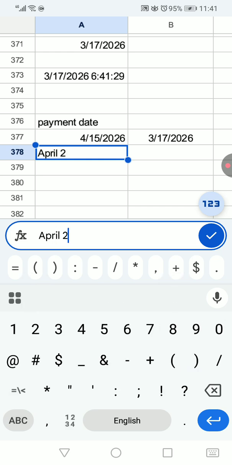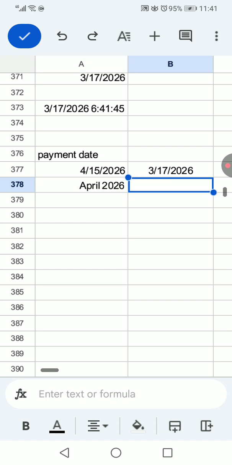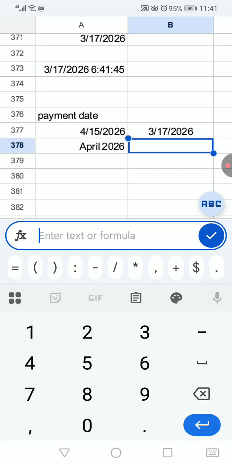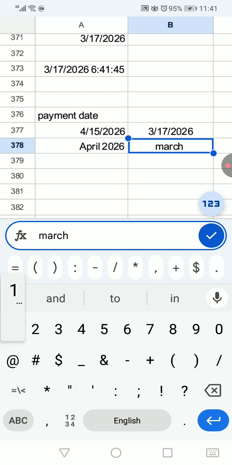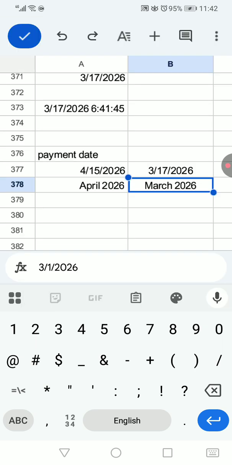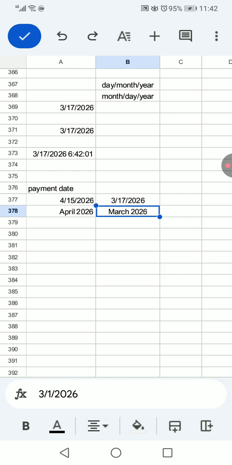April 2026 is the date, while over here it is March 2026. So guys, we are going to see what is happening with this date.